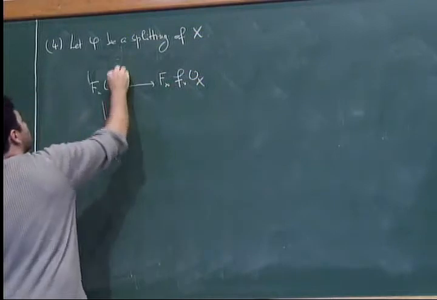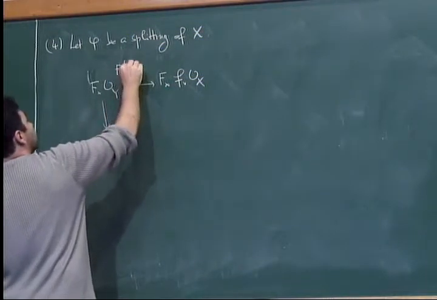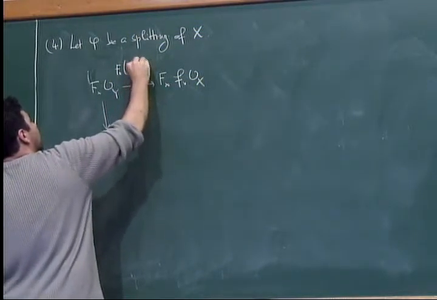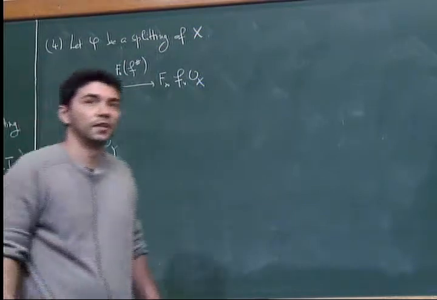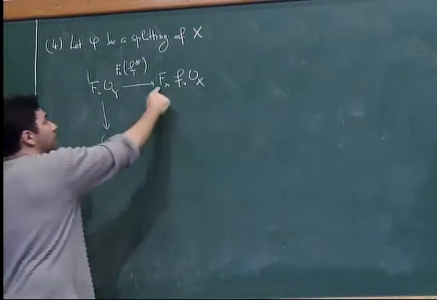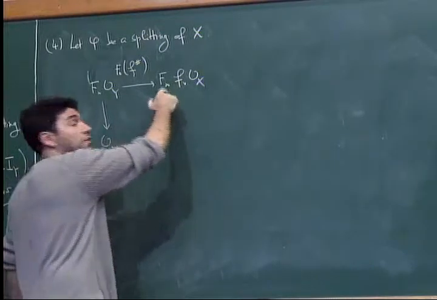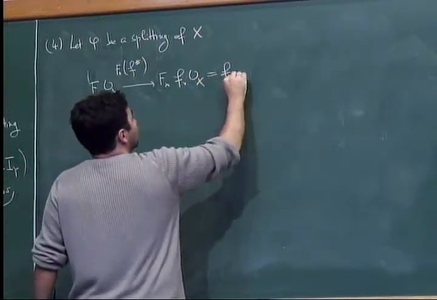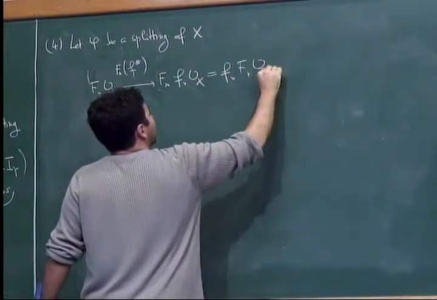So this is exactly the push forward of the pullback by F. So recall that at the level of topological space, the Frobenius is just the identity. So this is exactly the same as this one.